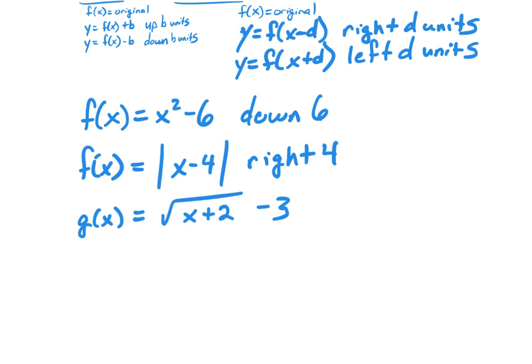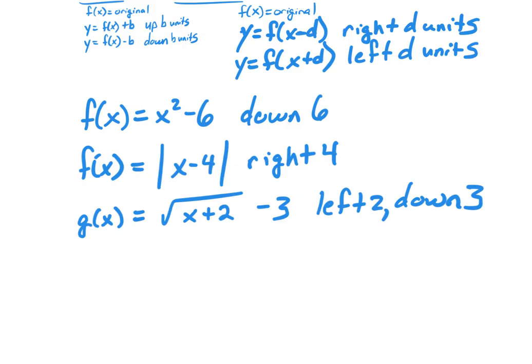But the rules will stay the same no matter what function we have. So here, because the number's on the inside of the square root, it's going to go opposite. So this is a positive 2. So we're going to say that it's going to go left 2, and then the minus 3 at the end tells me it'll go down 3.